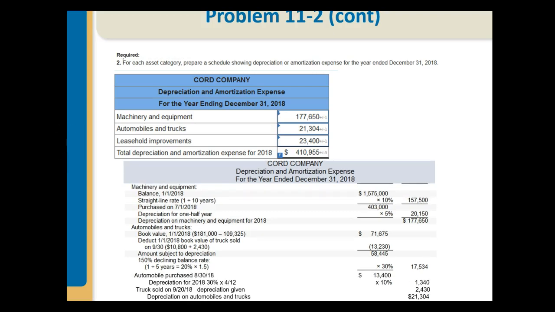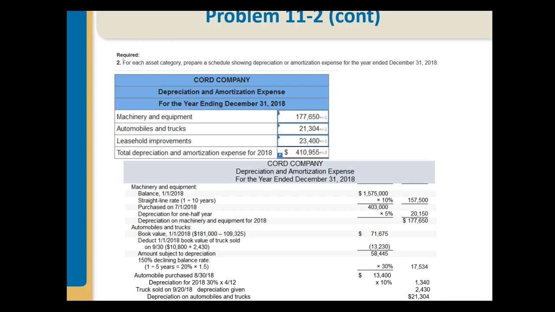Now, in regards to the automobiles and trucks, we're going to look at the book value at the beginning of the year, take the 181 minus the accumulated depreciation to give us an adjusted balance of 71,675. Subtract that from the truck sold, gives us the amount that is available for depreciation, and this is utilized by the 150% declining balance rate.